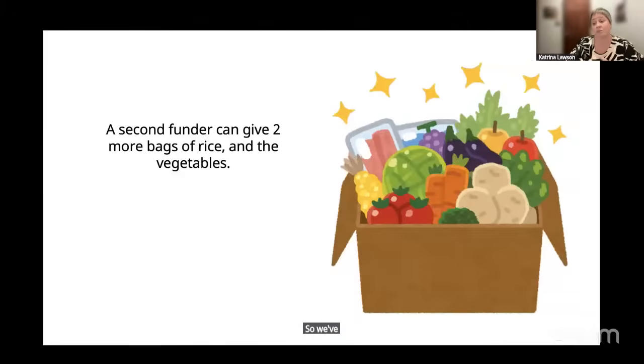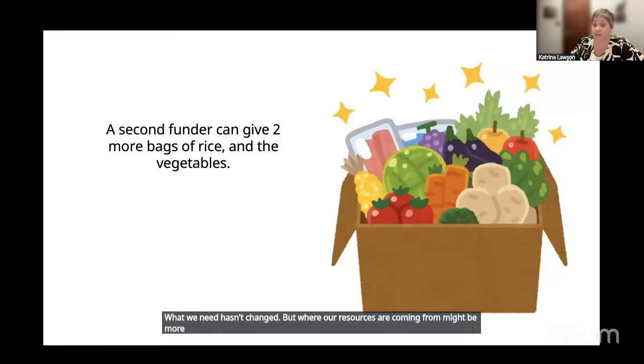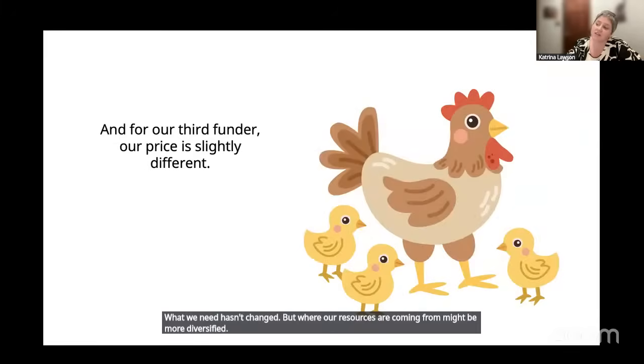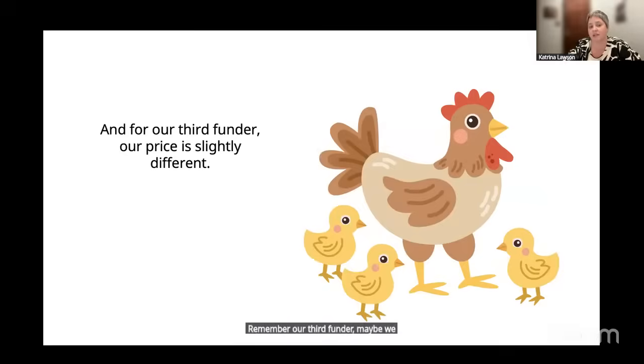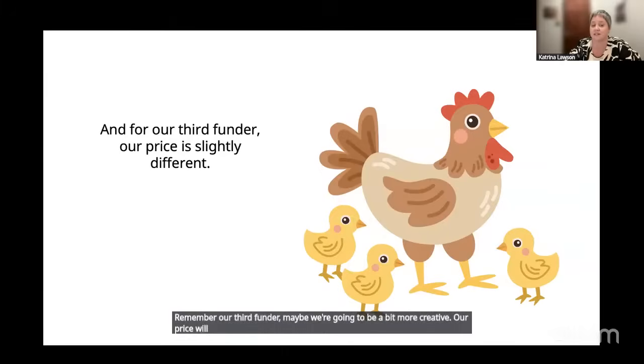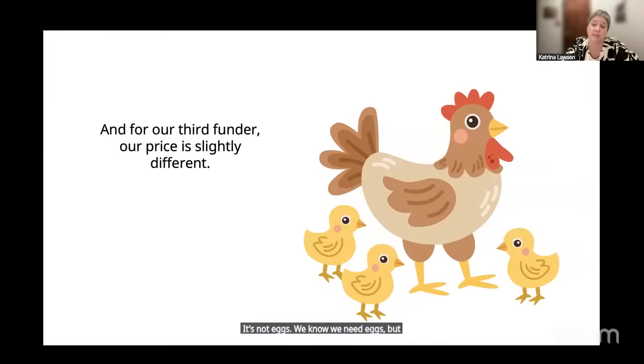So we've got another price to a different funder. What we need hasn't changed, but where our resources are coming from might be more diversified. And for our third funder, maybe we're going to be a bit more creative. Our price will be different. Our price this time, it's not eggs. We know we need eggs, but really we want to be sustainable. We're going to get ourselves some chickens from the third funder.